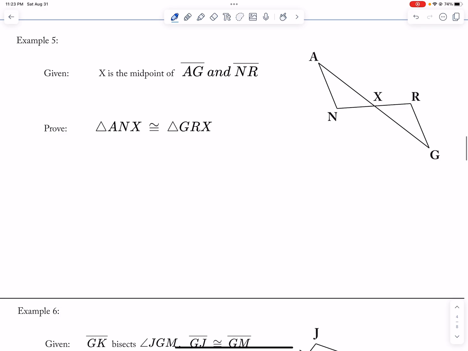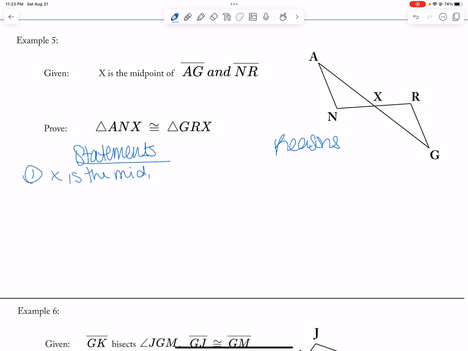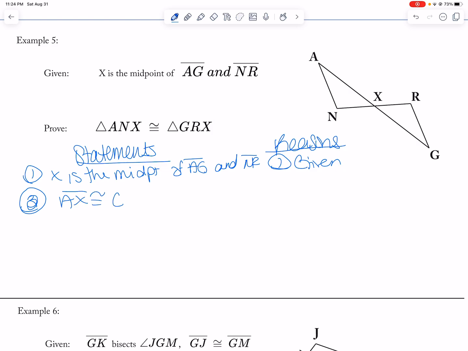Example 5, again, another proof. So X is the midpoint of AG and NR, and that is given. And that means that AX is congruent to GX, by the definition of midpoint.